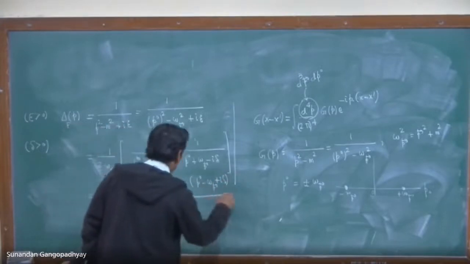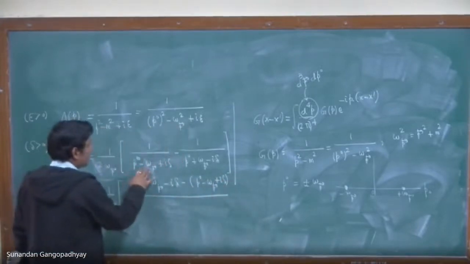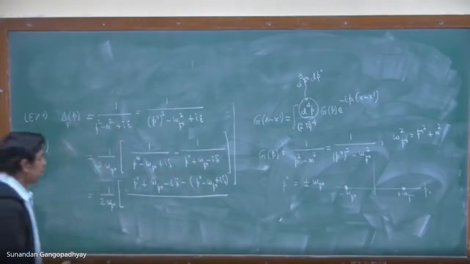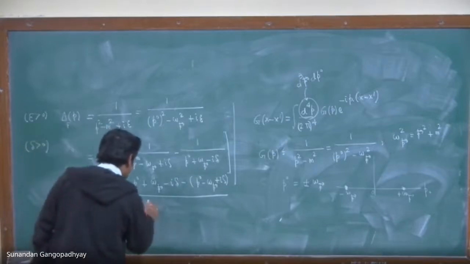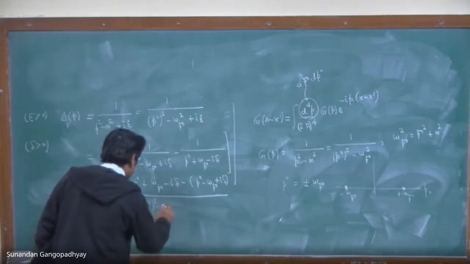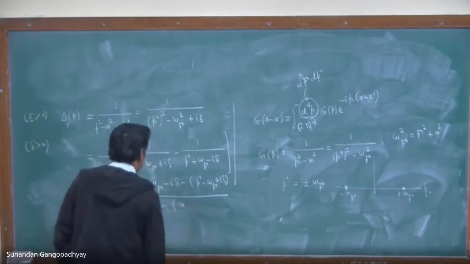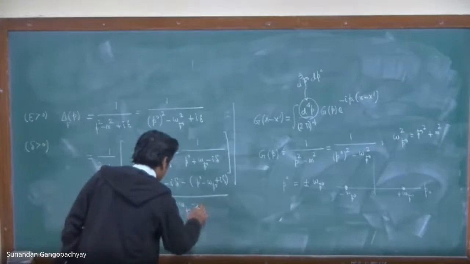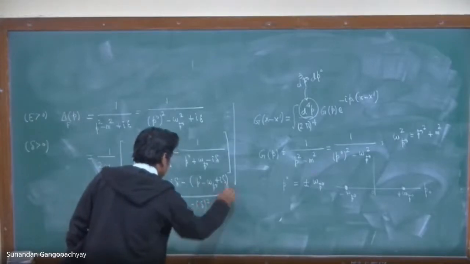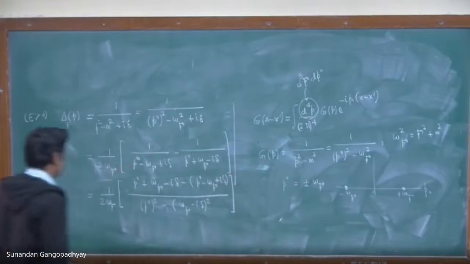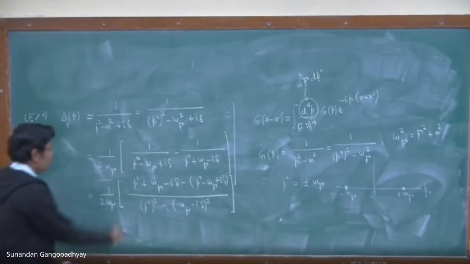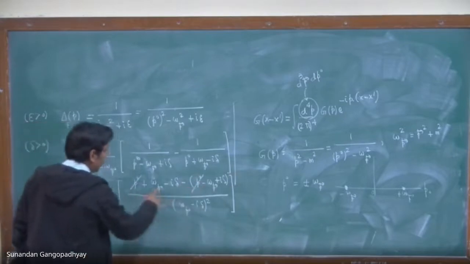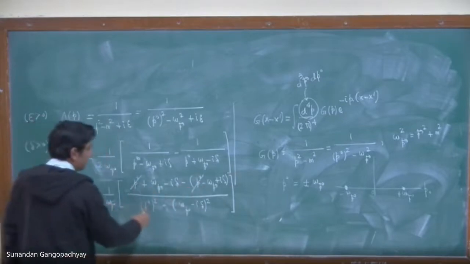Divided by, this is basically A minus B and this A plus B. So if we multiply, this will be A square minus B square. This is basically p0 square minus (omega p minus i delta) whole square. This is what it is. From here we find that p0 and p0 cancel. So we find that this is 2 omega p. So 2 omega p and 2 omega p cancel.